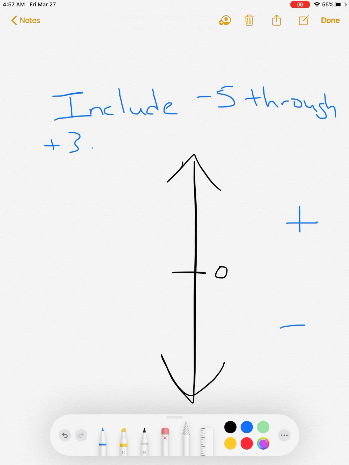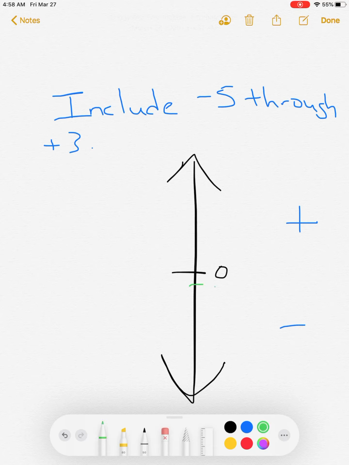All right, so let's plot. I have to include on the negative side all the way to -5, and on the positive side +3. Because -5 is here first, I'll do that first, right? This is -1.